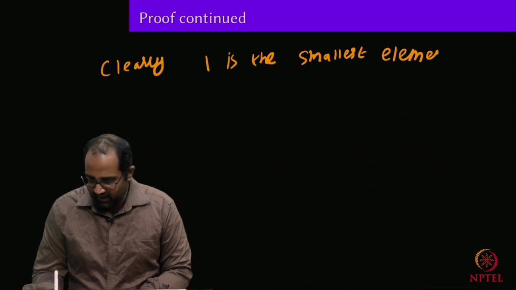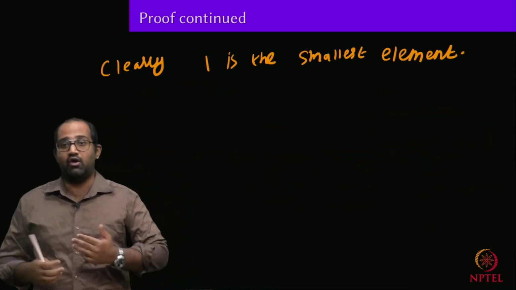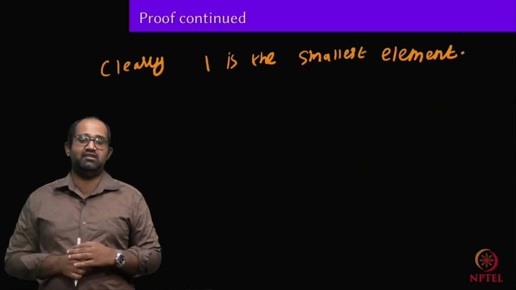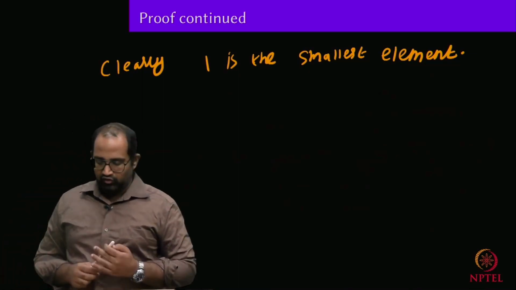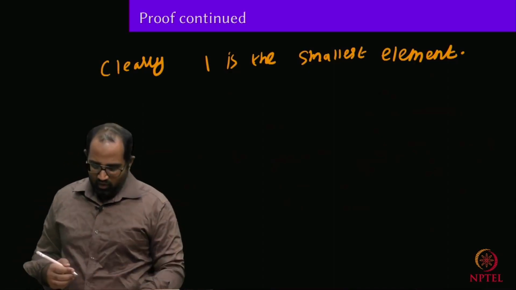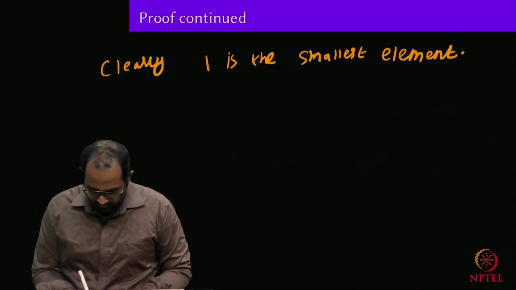Because 1 is the smallest element in all the natural numbers, therefore it must be the smallest element in the smaller set S as well. So 1 cannot be there in this set.